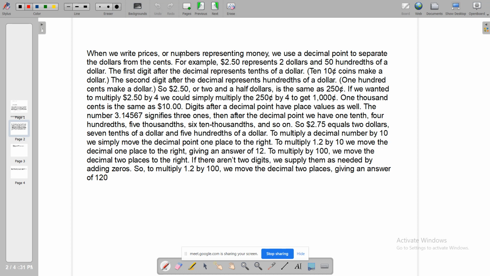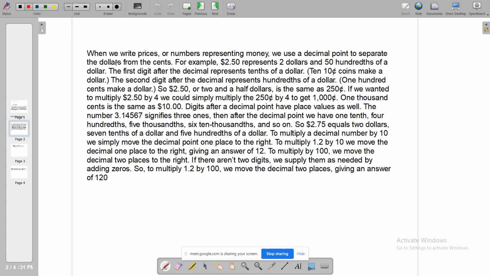For example, if I have 2.50, which means $2 and 50 cents. I will go into details of this, so don't worry. I will actually draw it for you to really understand everything, so when we start implementing it, you know how you can deal with those things of a dollar.